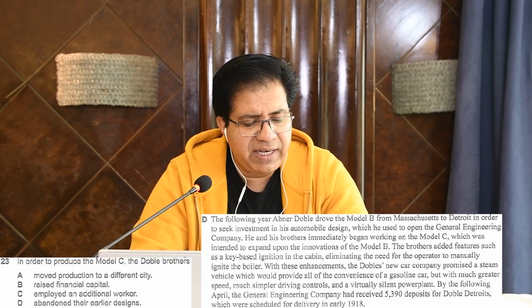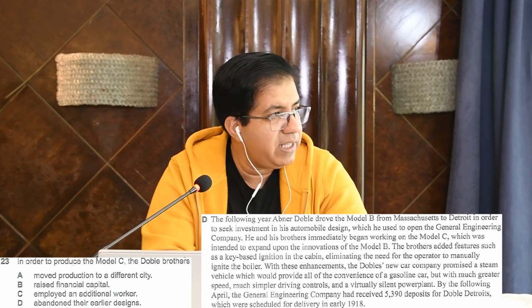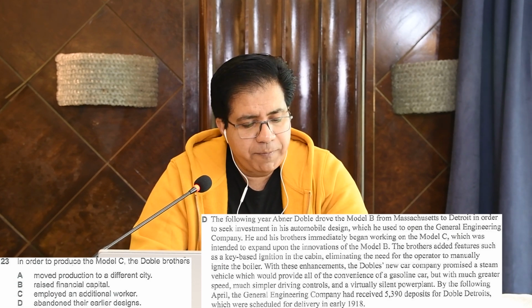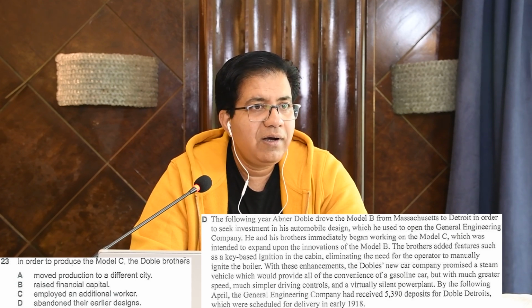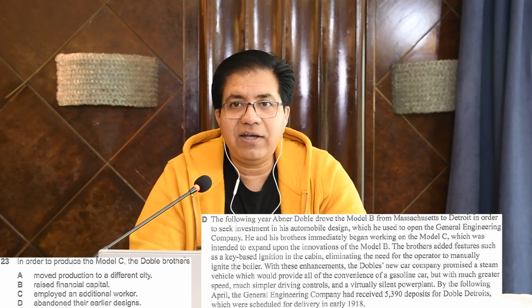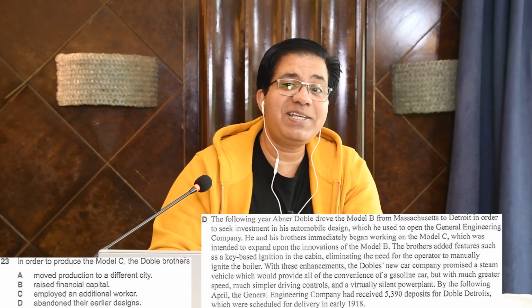Option B, raised financial capital. No. Option C, employed an additional worker. No, they removed that additional worker. Option D, abandoned their earlier designs. No. No. So there is no right answer here. All four are wrong. Correct answer is option B.